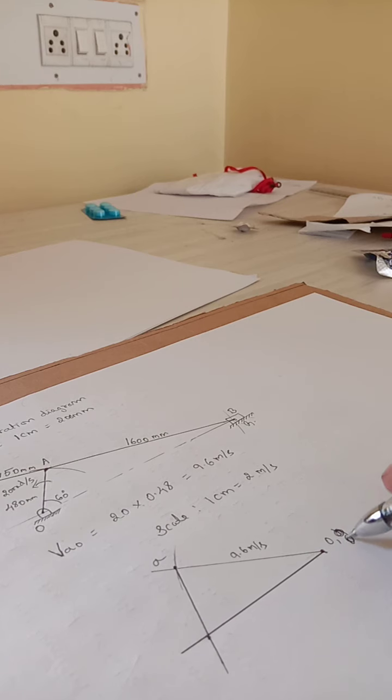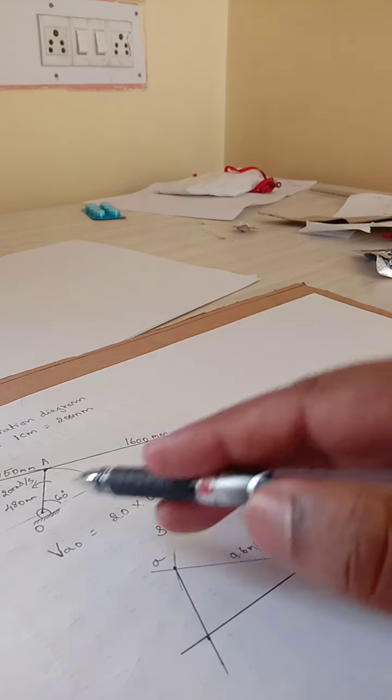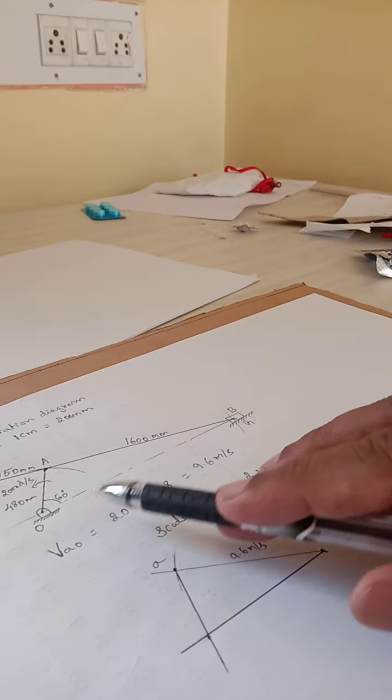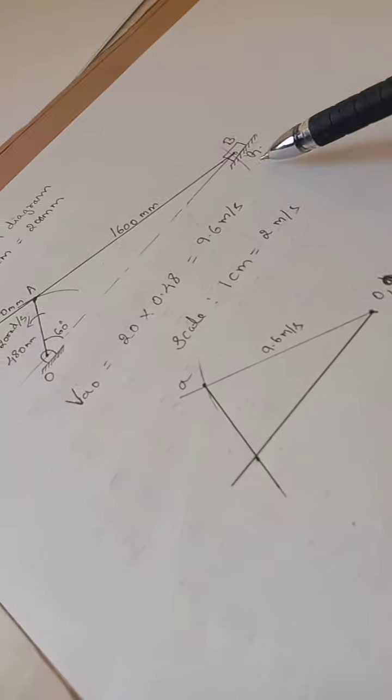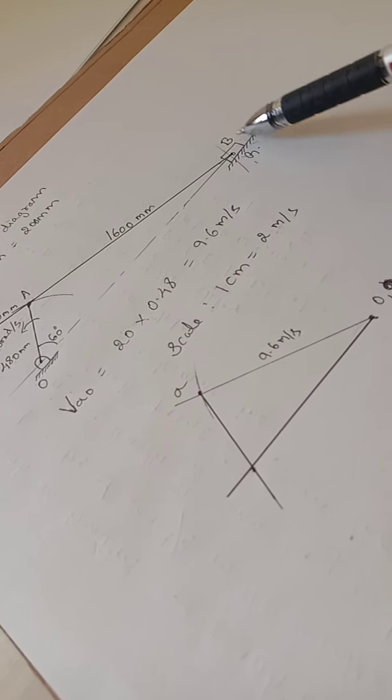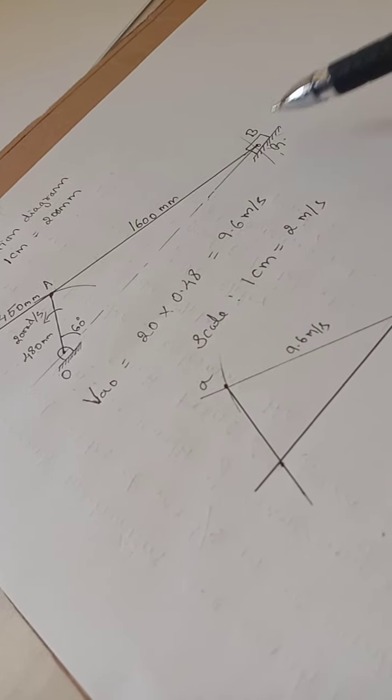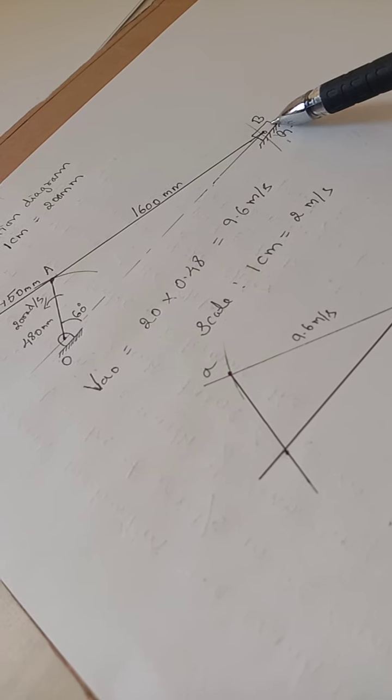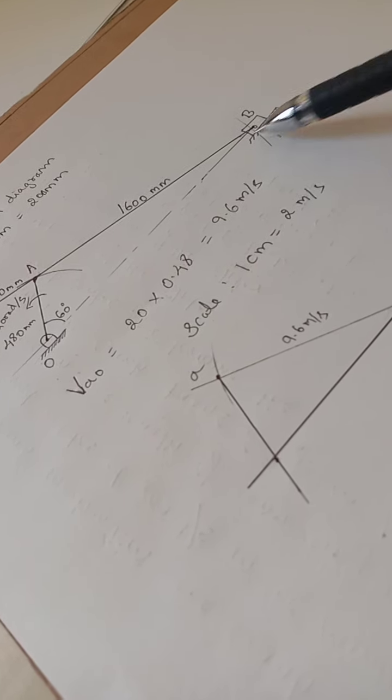This is G, the fixed frame. The frame is O and G. The slider is B. I am drawing the velocity vector for the slider B.